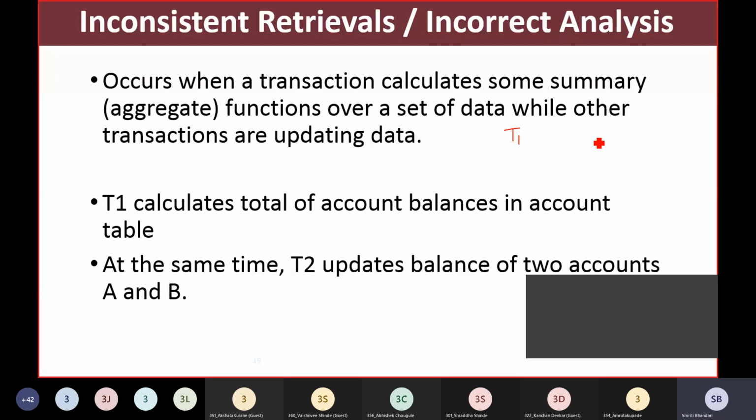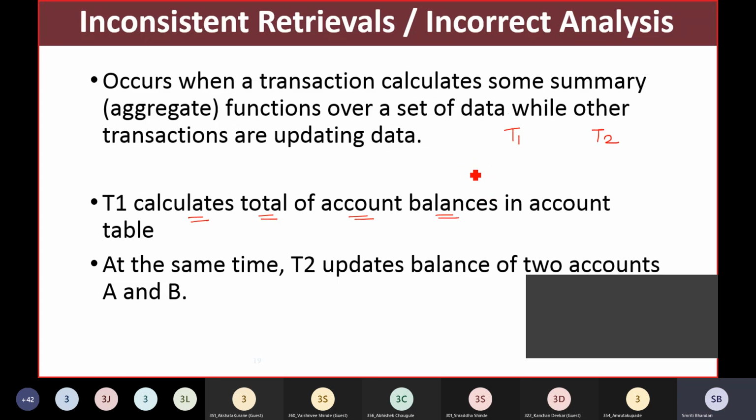What we mean by that? Let us assume that we are having two transactions T1 and T2. So what T1 is doing? T1 is calculating the total of account balances.